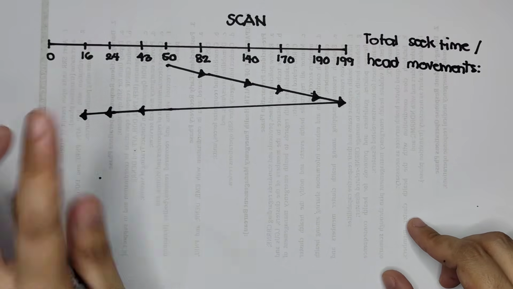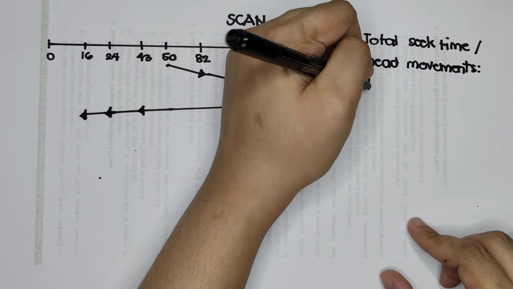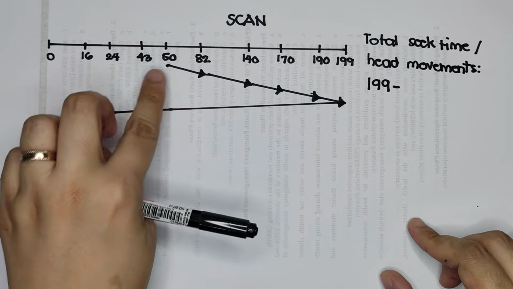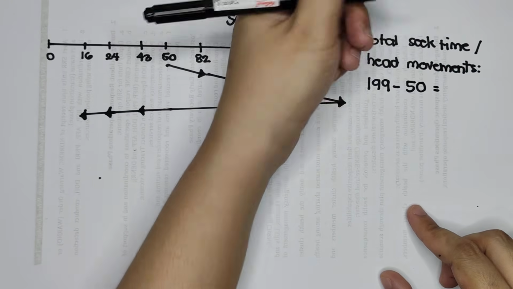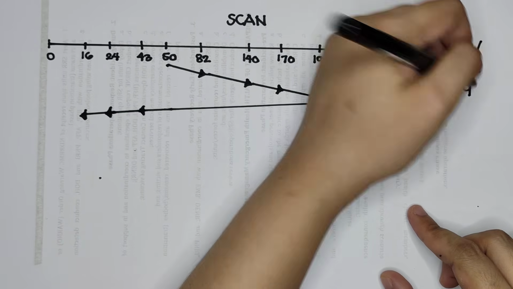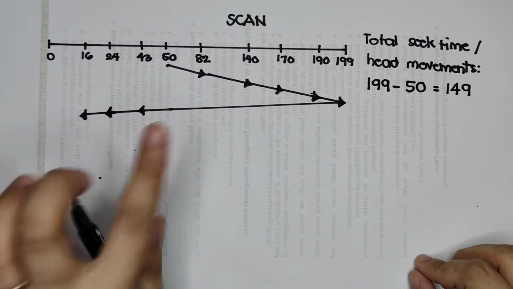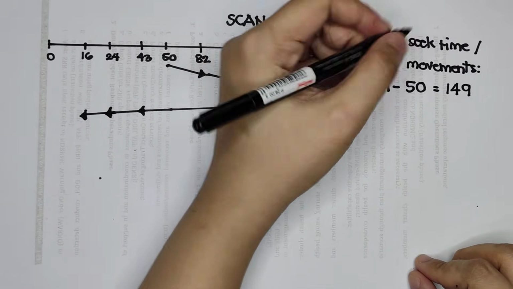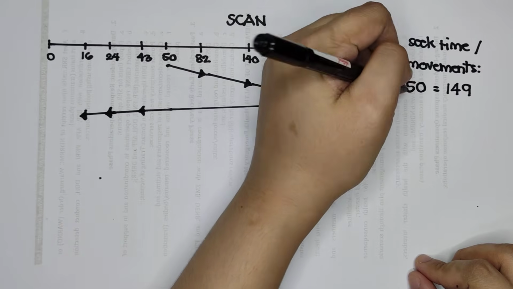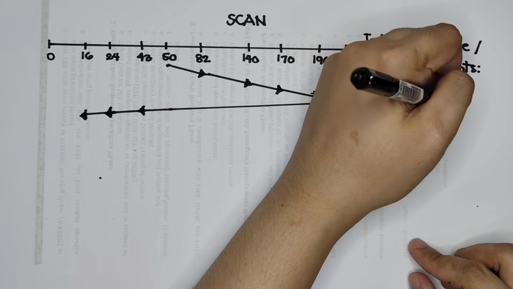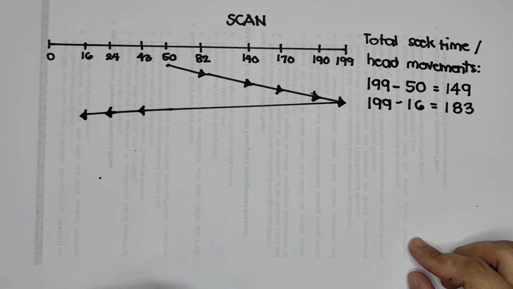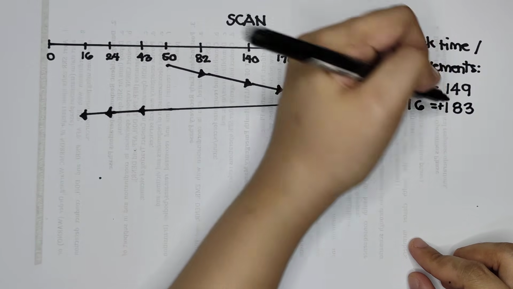So we have 199 minus 50, which is 149. And then the next line, 199 minus 16, is 183. And then we're going to add.